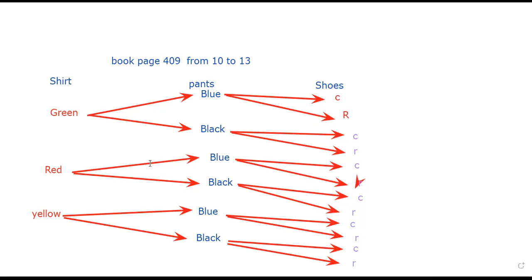Then by the end, what are the possible outcomes? We can say 3 times 2 times 2, or we can count 1, 2, 3, 4, 5, 6, 7, 8, 9, 10, 11, 12.